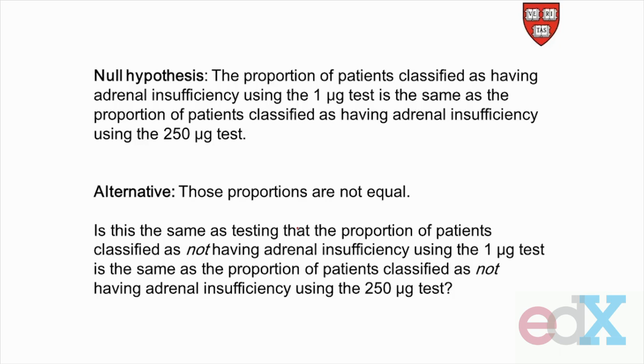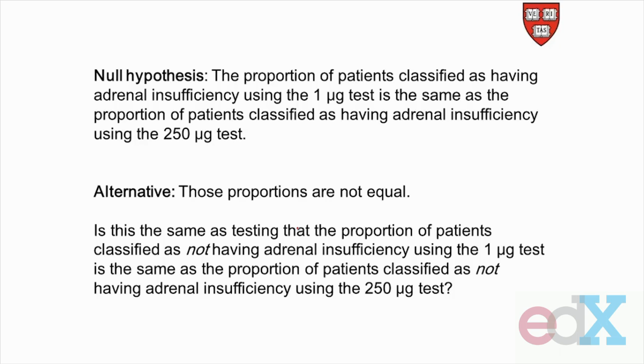Now, is this null hypothesis the same as testing that the proportion of patients classified as not having adrenal insufficiency using the 1 microgram test is the same as the proportion classified as not having adrenal insufficiency using the 250 microgram test? If you think about this for a second, the answer is yes, because if the proportion of patients classified as having the disease is the same, then there are only two categories patients could be classified in.